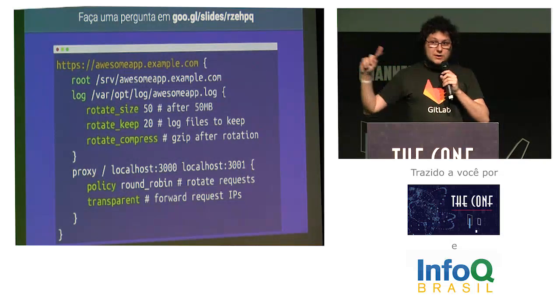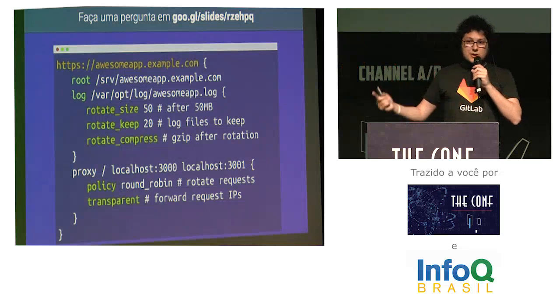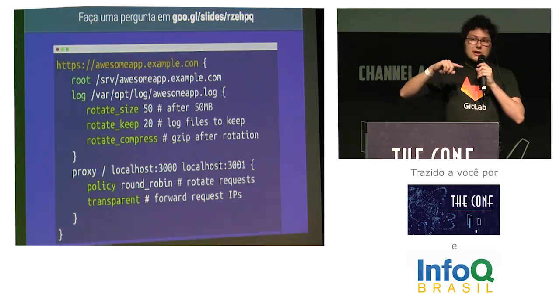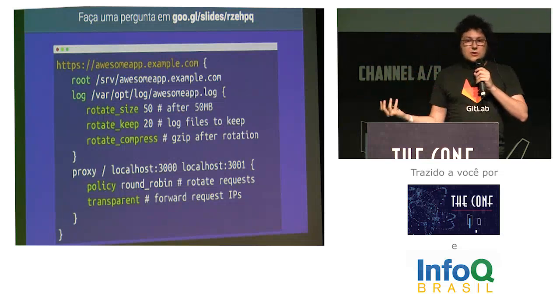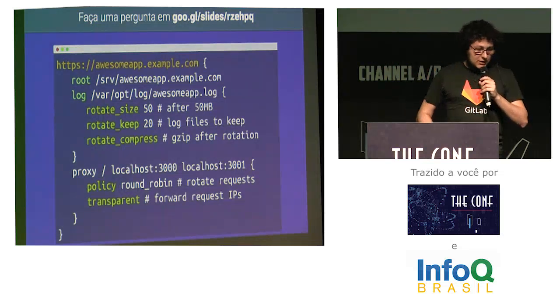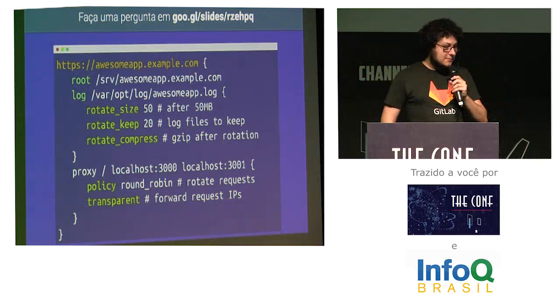So I'm doing a load balancer here using round robin. And the last thing that I'm defining there is that this is a transparent proxy. So it will add all the headers for forwarding the IPs that your Rails application can use instead of the reverse proxy IP.